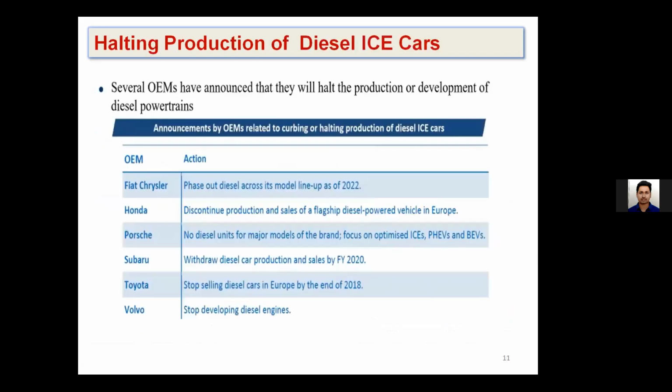Not only governments, even the manufacturers, that is original equipment manufacturers, OEMs, have announced that they will halt the production and development of gasoline-based vehicles. So these are the different OEMs and their corresponding actions. Even now, diesel engines are almost being stopped by most manufacturers in the present scenario, so it's mainly petrol vehicles used nowadays.